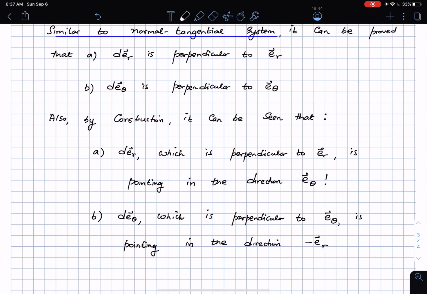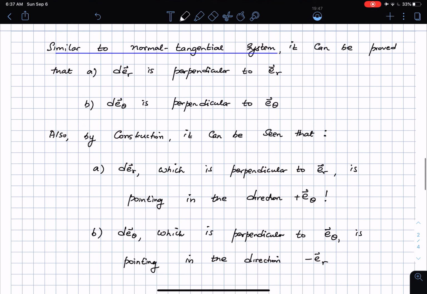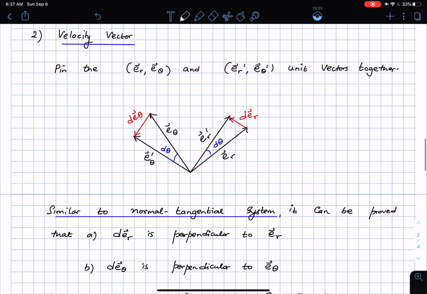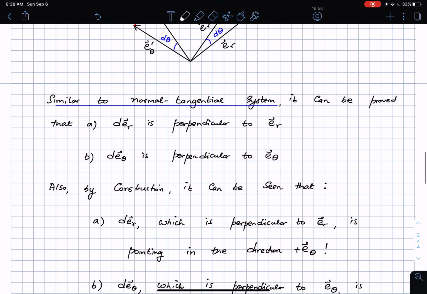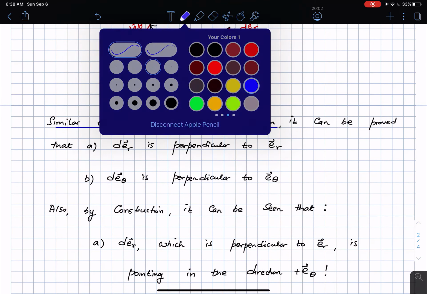So this is positive E theta, this is negative ER. Please look at the figure here once again. Look at dE theta. dE theta is perpendicular to E theta and it's pointing in the direction opposite to ER. That is the key thing in this particular situation. I want to underline some of these things.